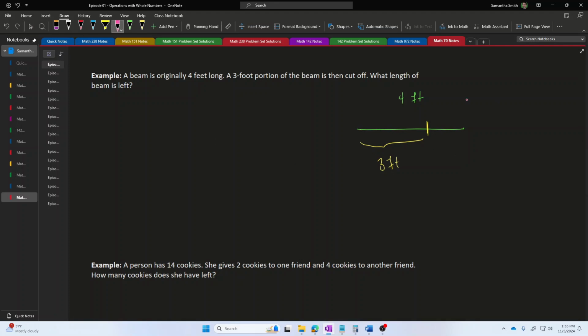In other words, what is the length of this little portion? To answer this question, I can take 4 units and I can subtract or remove 3 units. If I take 4 feet and remove 3 feet, then what I have left is 1 foot of length on this beam from 4 minus 3. 1 foot of beam is left.